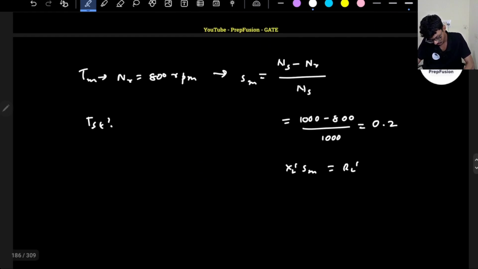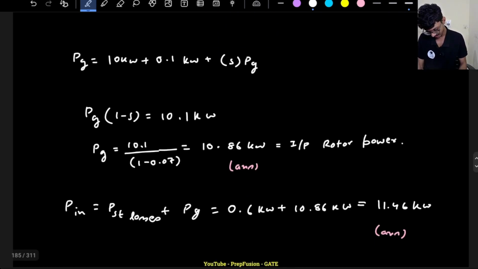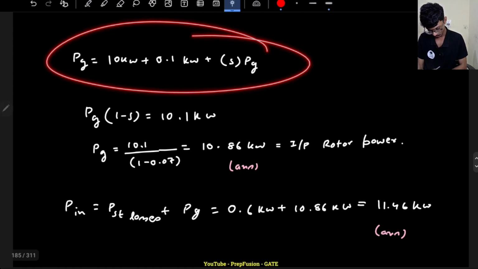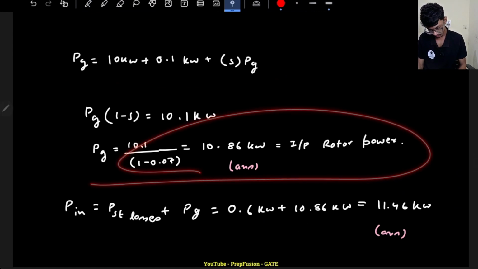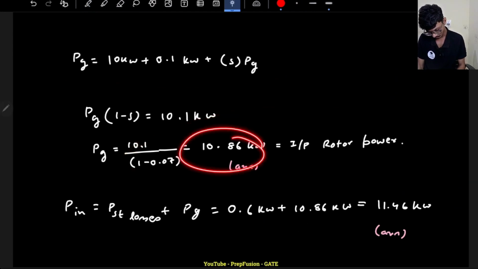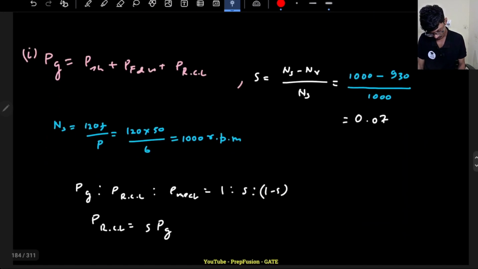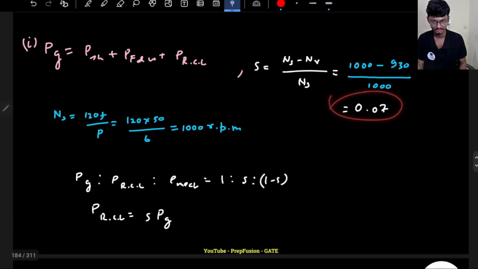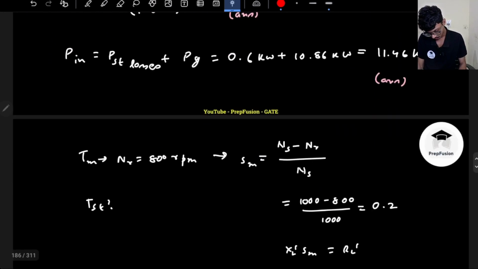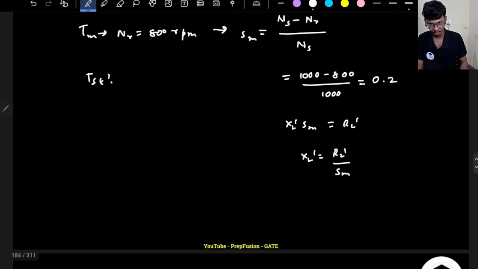One thing I know is this air gap power. This is the air gap power when the slip was 0.07. So will I be able to find out the torque at that particular point? Torque is Pg upon omega s.